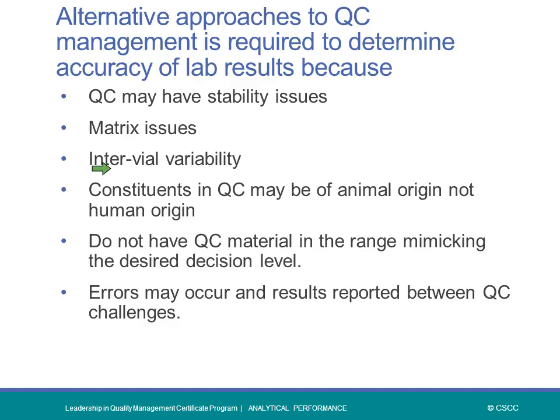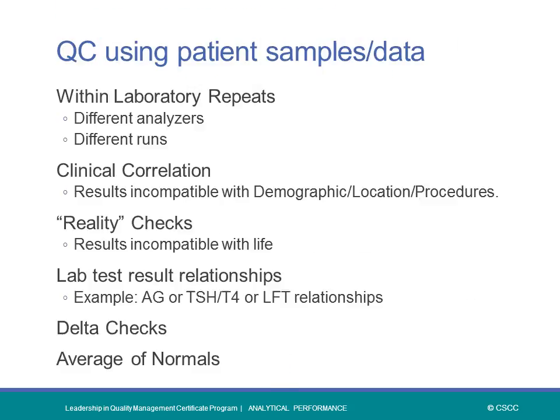The manufacturing process of producing these introduces other sources of variability. Reconstituting these products adds further sources of variability to the results. So it's often a good idea to supplement those routine QC processes with other QC processes. And I've listed some of them here.